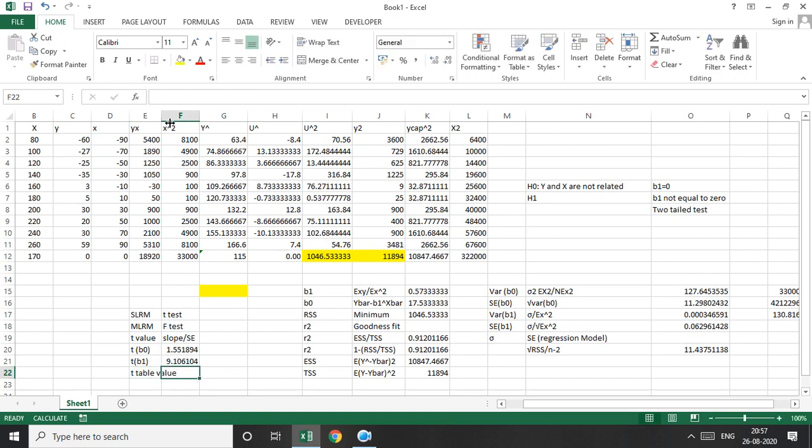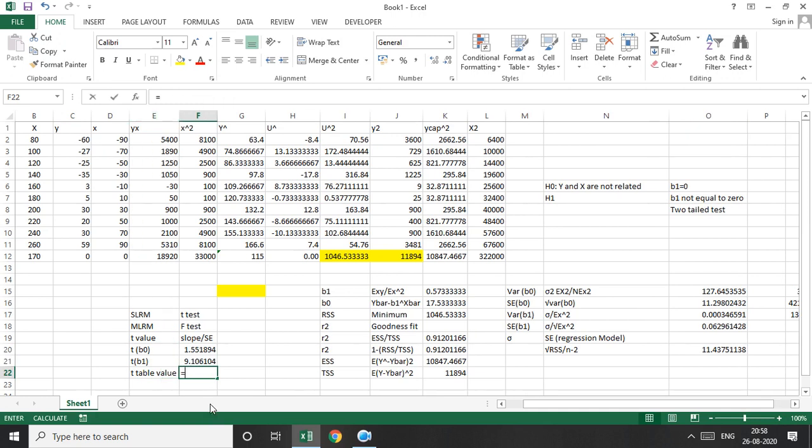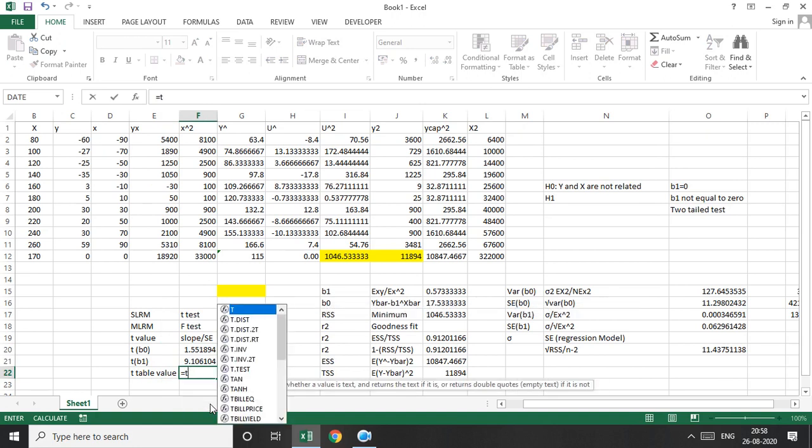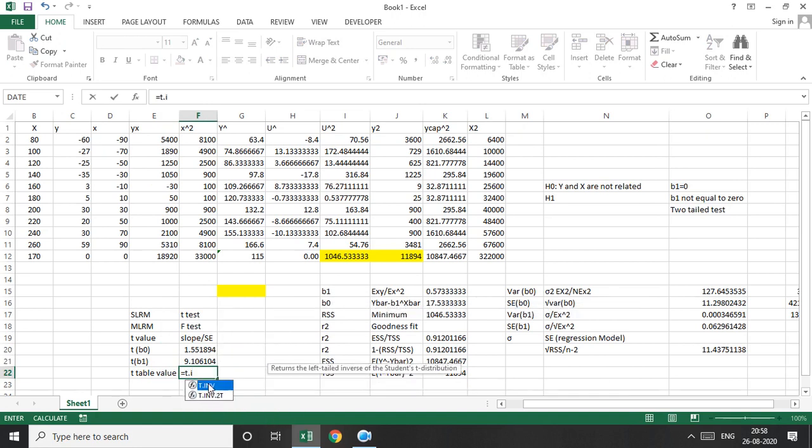So how can we find the t table values? Using an equation, using the t inverse. There is t inverse and t inverse 2t. Since we are following a two tail test, our command will be t inverse 2t. Then you have to give the probability.